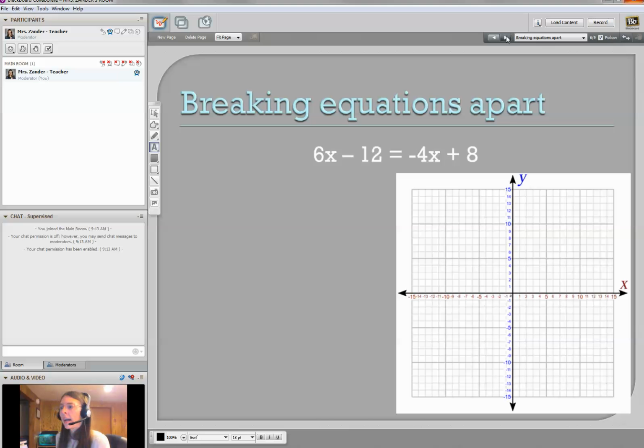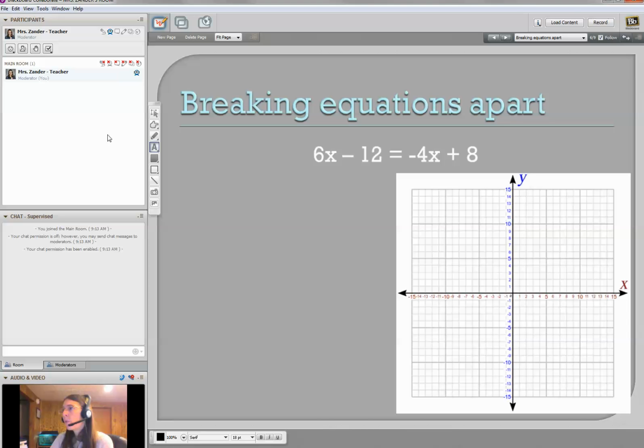All right, there are times when you may have to break equations apart. So here it doesn't look like there are actually two equations present, because you have 6x minus 12 equals negative 4x plus y, and you only see one variable represented in that problem. However, we can use kind of the substitution method in reverse here.